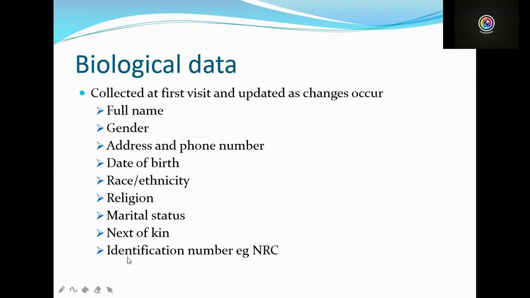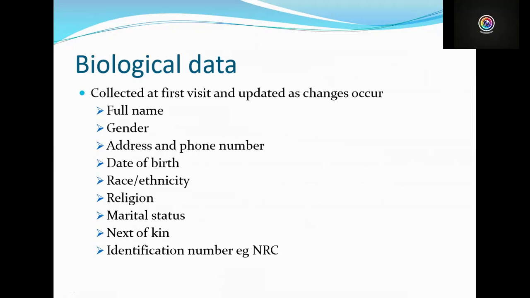Then you need to collect information about the next of kin. Next of kin is important. This is the person who may be informed or talked to as regards the patient. This can be a legal guardian for a patient.